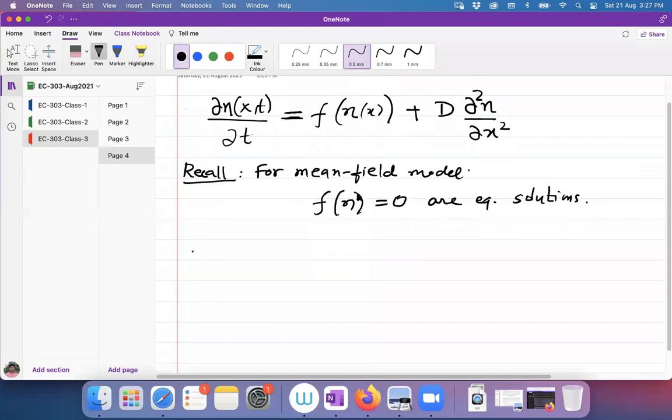Now, I have a question. Can we define an equilibrium here for this system, now that we have a more complex term on the right-hand side? Can we still define an equilibrium? Yes.